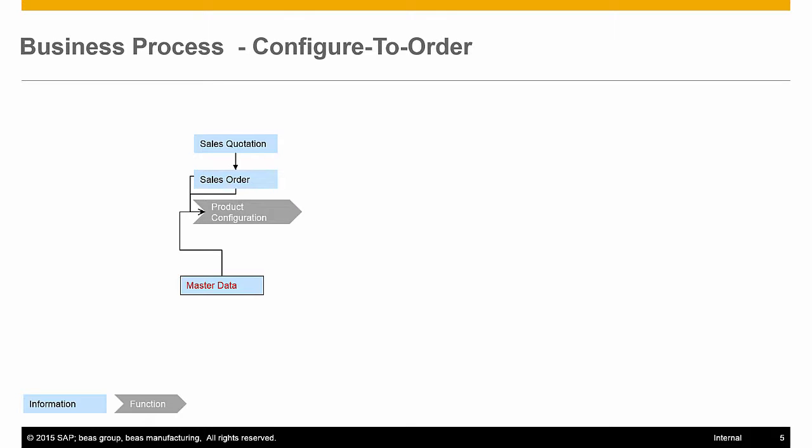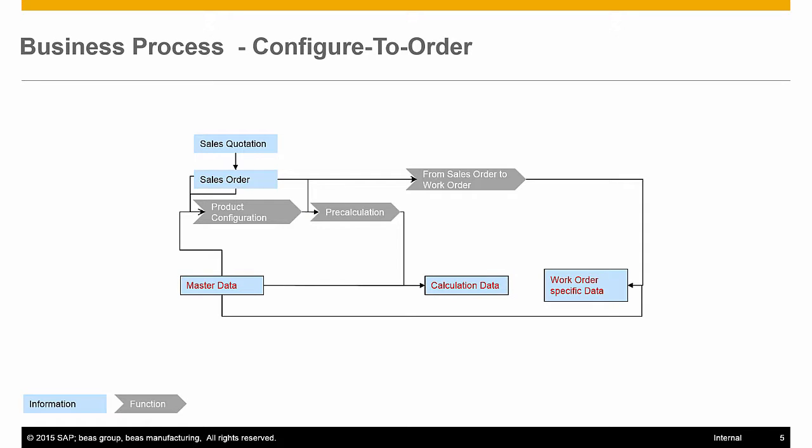And then from those documents, from the quotation or the order, we are able to open the product configurator wizard, which is a screen that shows the different variants defined in the item, from where we can start to make our selection according to the customer demand.